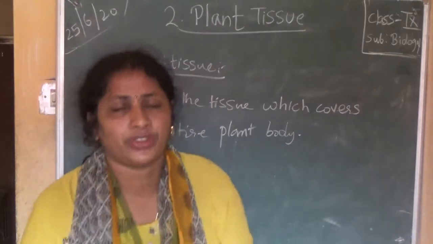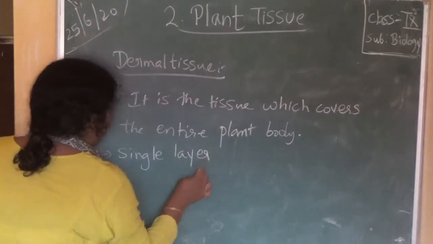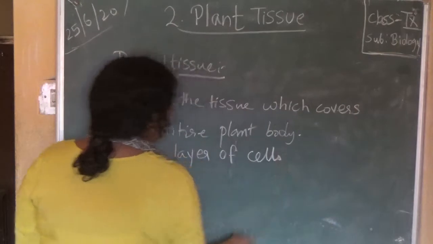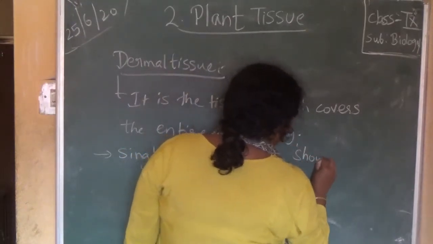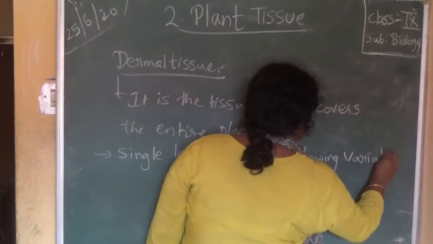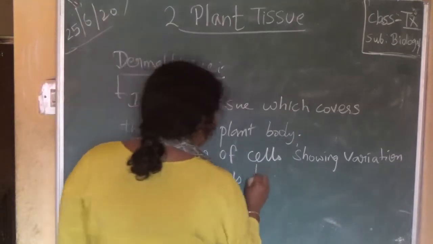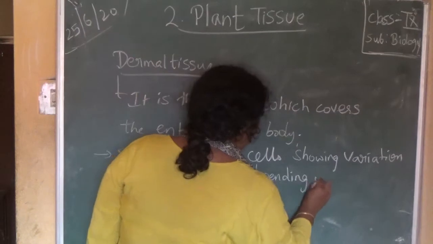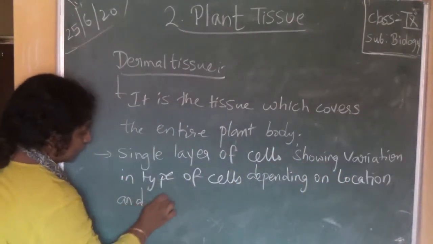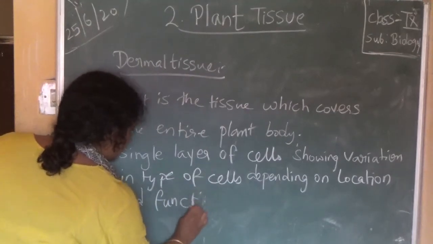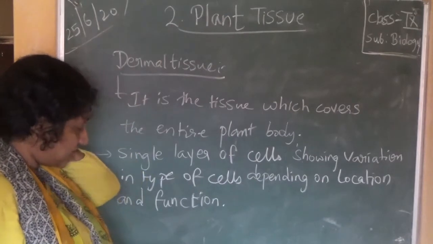Dermal tissue generally consists of a single layer of cells, showing variations in the type of cells depending on location and function.